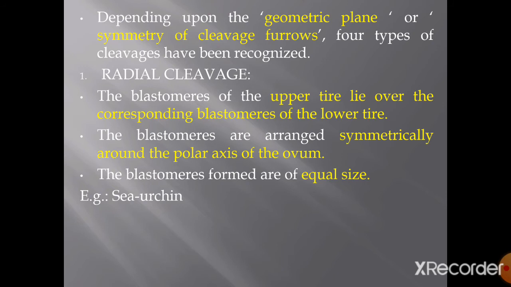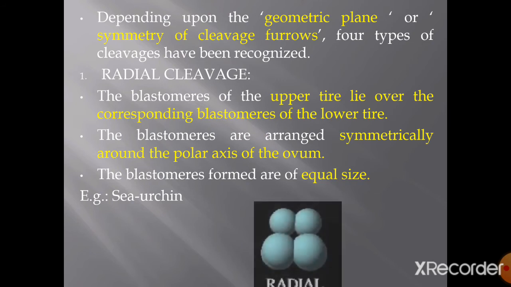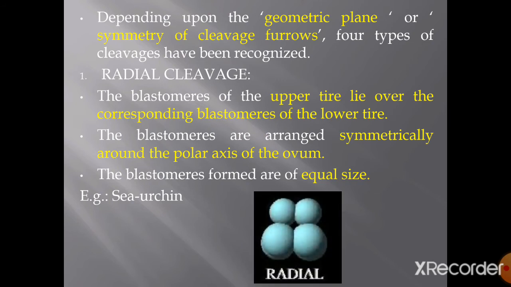The first one is radial cleavage. Here, the blastomeres of the upper tier lie over the corresponding blastomeres of the lower tier. You can see the diagram here. The macromeres form the lower tier, the micromeres form the upper tier, and the blastomeres of the upper tier lie over the corresponding blastomeres of the lower tier.